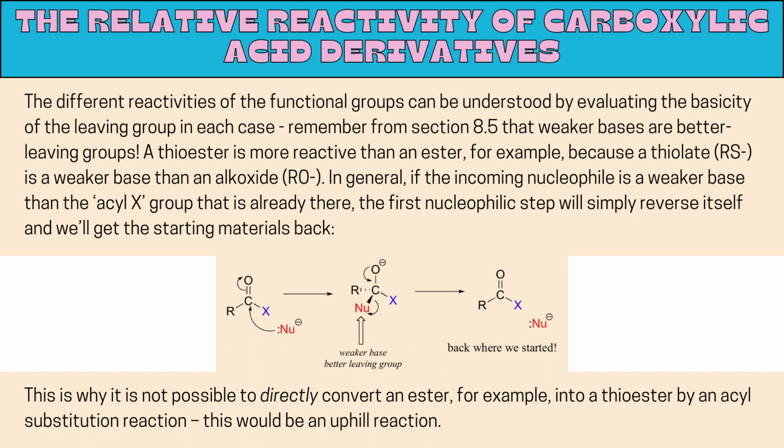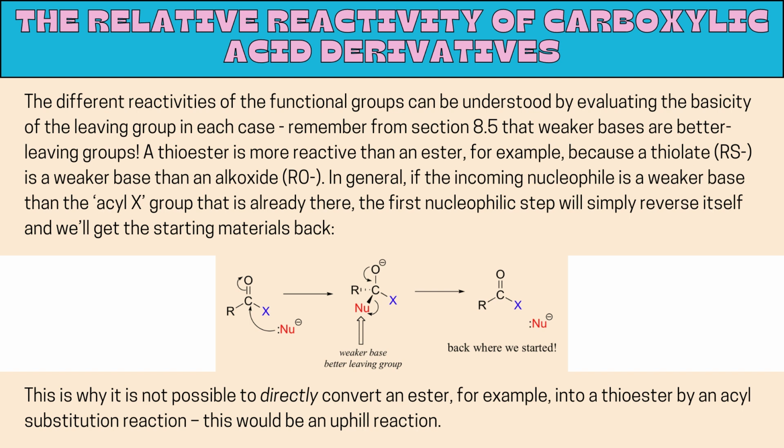The different reactivities of the functional groups can be understood by evaluating the basicity of the leaving group in each case. A thioester is more reactive than an ester, and the weaker bases are the better leaving groups. Thioester is more reactive than ester because thiolate is a weaker base than an alkoxide.